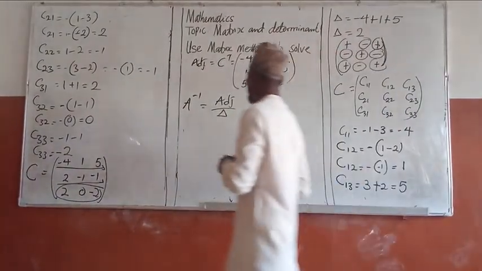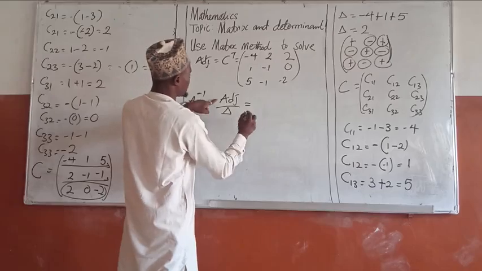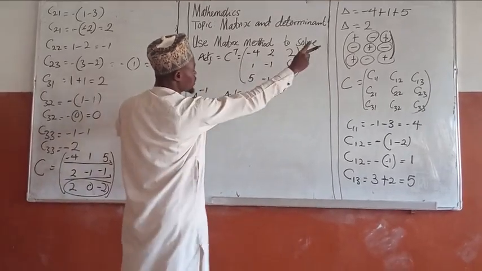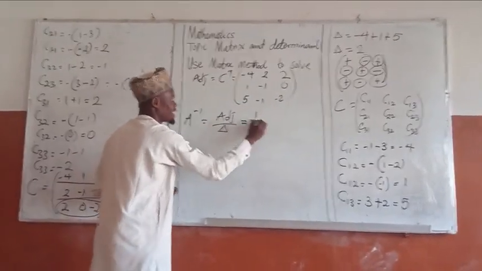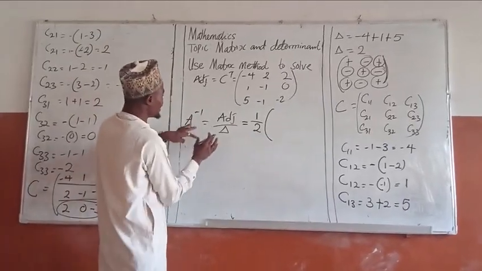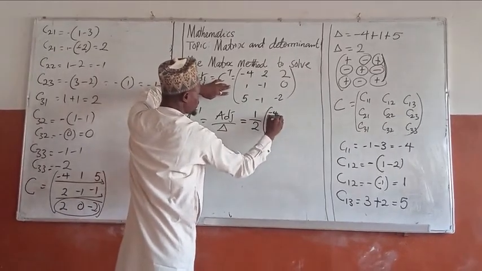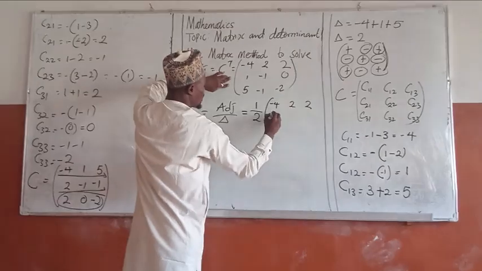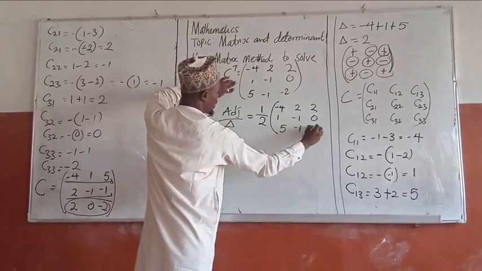So the inverse is 1 all over that determinant 2, open bracket, then the adjoint, which is -4, 1, 5; 2, -1, -1; 2, 0, -2.